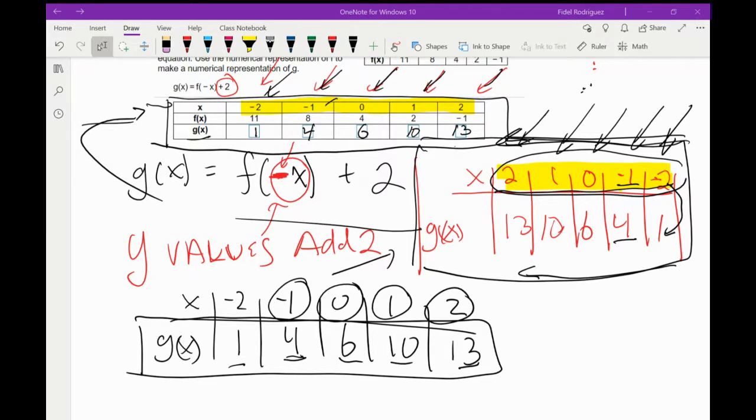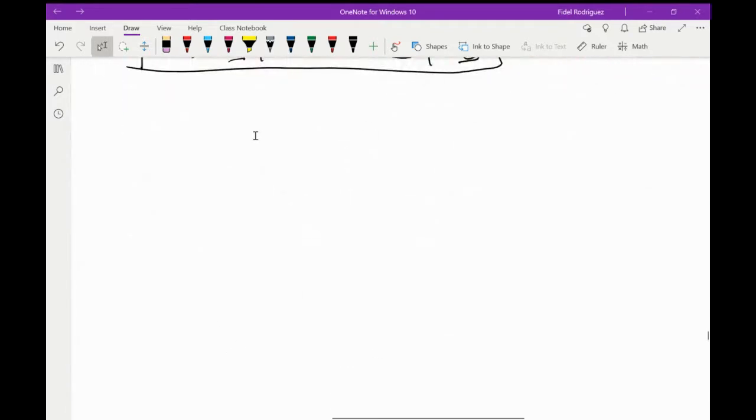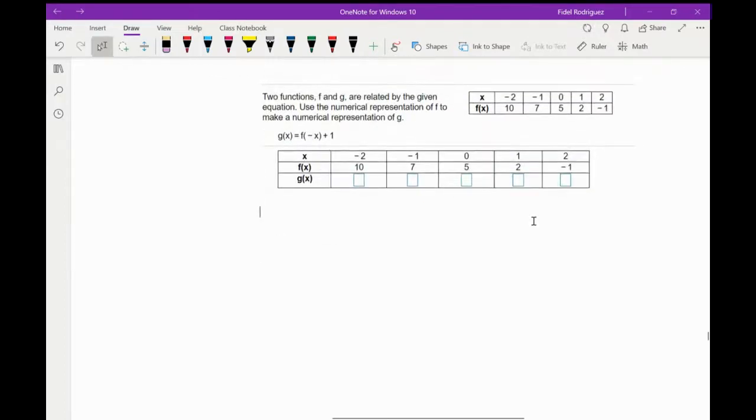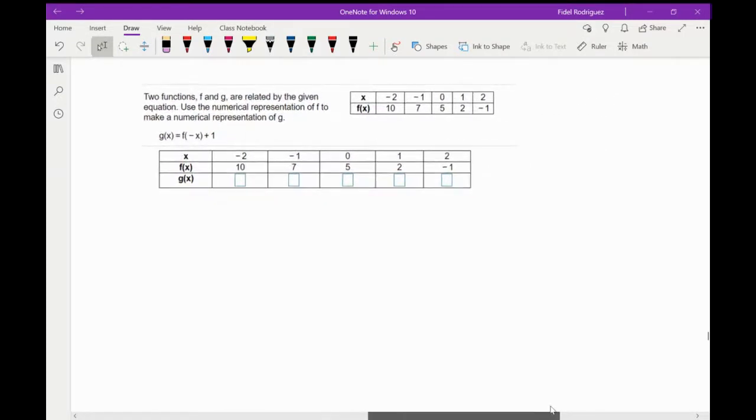Now I'm going to generate a new problem, because I want to make sure that the concept is making sense. I entered my answers, and it said, hey, you did it right, which is obviously good. You can still see my screen, right? I went to that same problem, entered my answers in, and it told me I got it right, but I hit similar question anyway. The reason I'm doing that is I want to make sure that we're getting the idea.